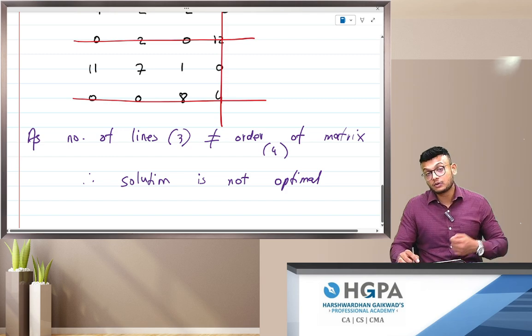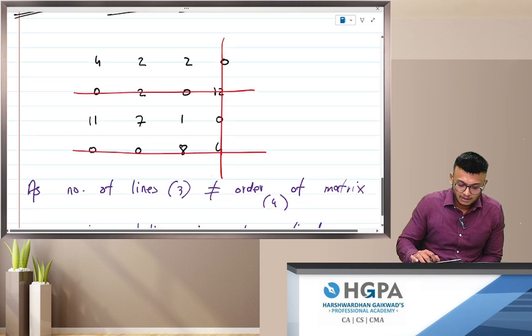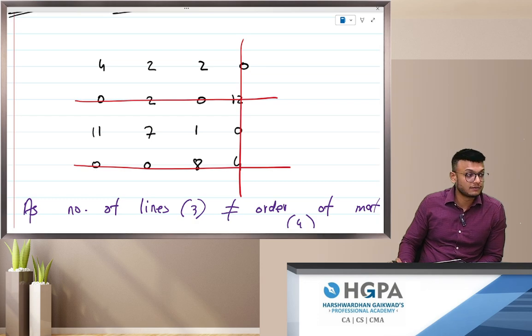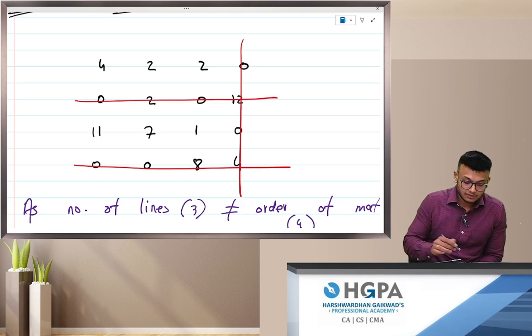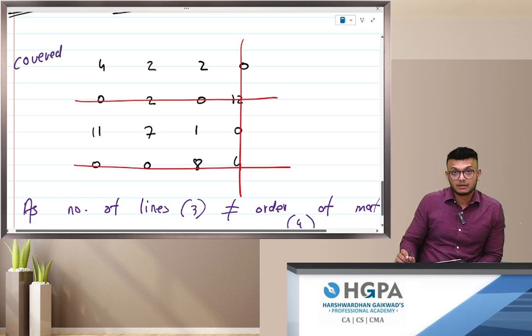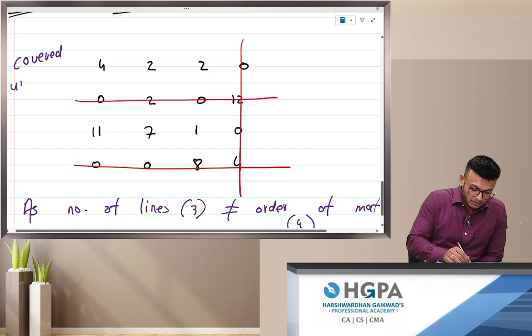So what do we have to do if it is not optimal? Very simple. Remember one thing, wherever the red color lines are there, the elements 0, 2, 0, 12, then 0, 0, 8, 4, are called the covered elements. Where a line is not there, for example 4, 2, 2, 2, those are called the uncovered elements.